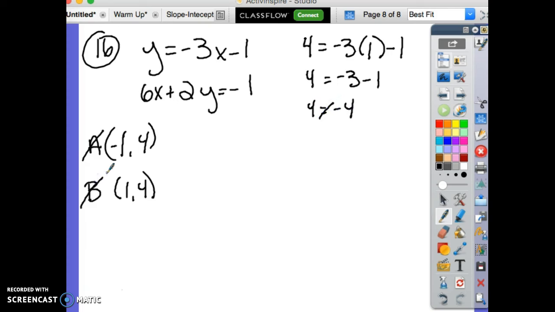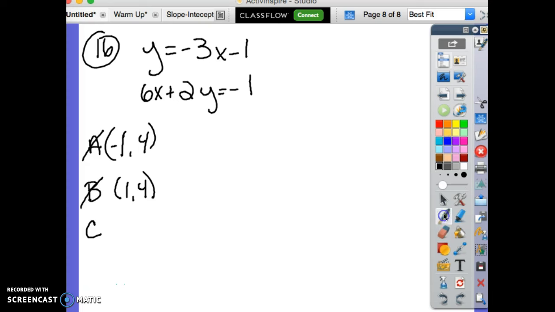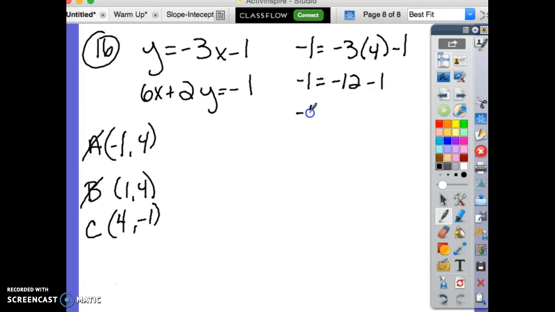That's not true, so it's not B. Trying C. C says 4, negative 1. So negative 1 equals negative 3 times 4 minus 1. Negative 1 equals negative 12 minus 1. Negative 1 does not equal negative 13. So it is not C. So it has to be D, no solution.